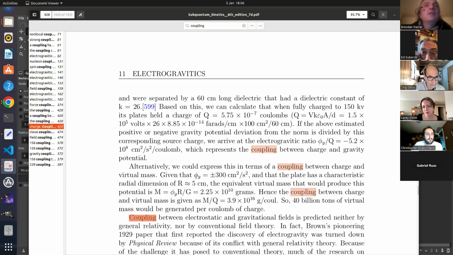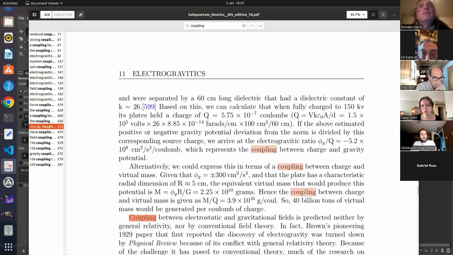Given that gravitational potential phi g equals plus or minus 300 centimeters squared per second squared, and that the plate has a characteristic radial dimension of r approximately equal to 5 centimeters, the equivalent virtual mass that would produce this potential is virtual mass m equals phi g, gravitational potential, times r, radial dimension, over G, which I think is the gravitational constant, equals 2.25 times 10 to the 10 grams.